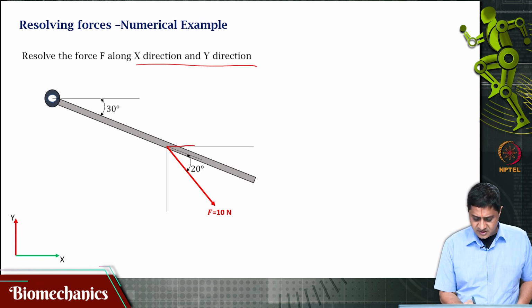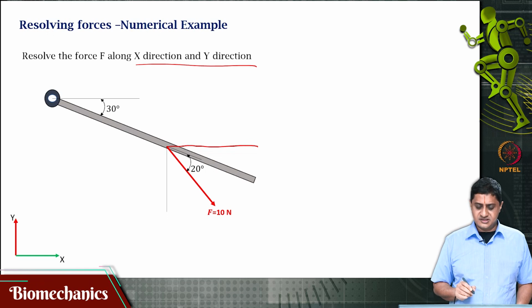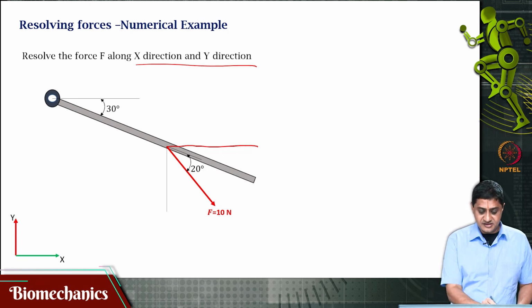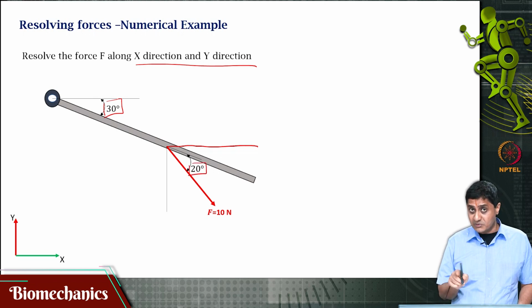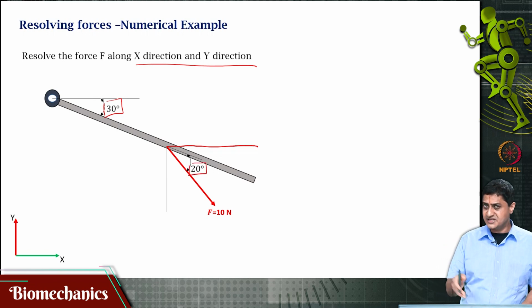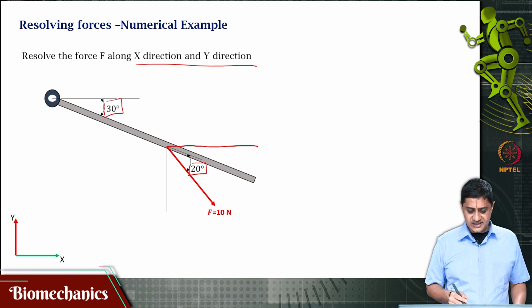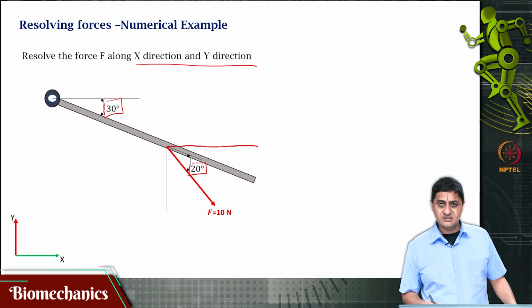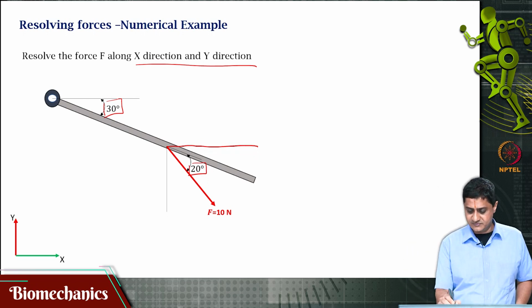The horizontal is already drawn for your reference. Note that the bar is inclined at an angle of 30 degrees to the horizontal, and the force is acting at an angle of 20 degrees from the bar. You can add them to get the angle from which the force is acting from the horizontal, that is 50 degrees.